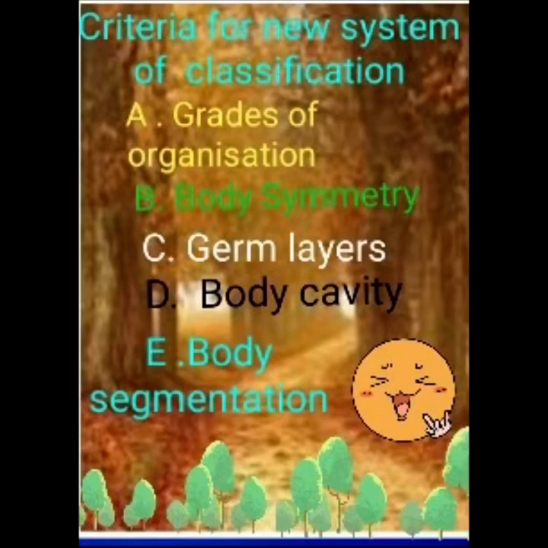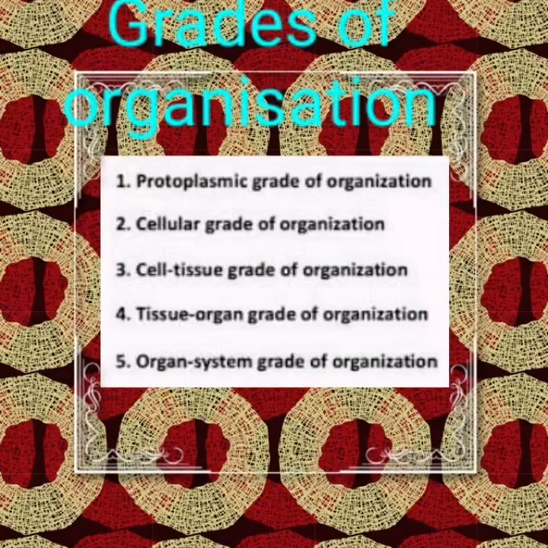Now we shall do each one separately. In grades of organization, we have protoplasmic grade of organization, cellular grade of organization, cell tissue grade of organization, tissue organ grade of organization, organ system grade of organization.